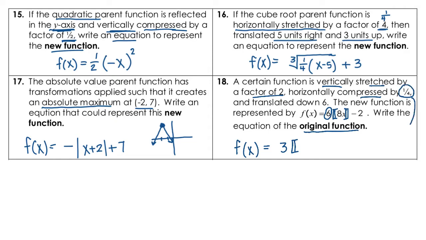So we know for a horizontal it's the opposite, so we know we've multiplied by 4 on the inside. So to undo that, I need to divide 8 by 4. That's going to give me a 2. And then on the outside, we were translated down 6. So if I moved down 6 and ended up at -2, I need to add 6 to move it back. And so that's going to give me a +4.